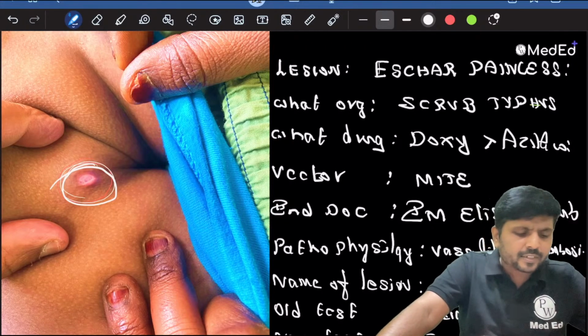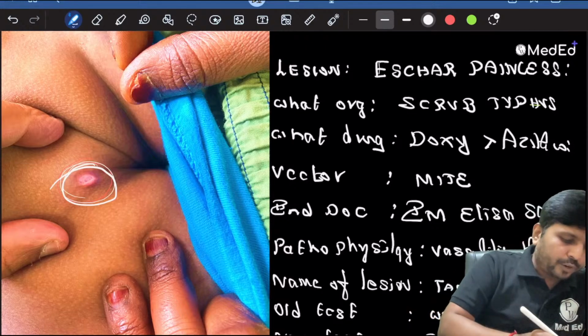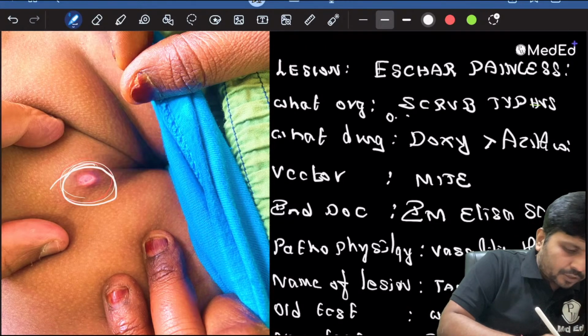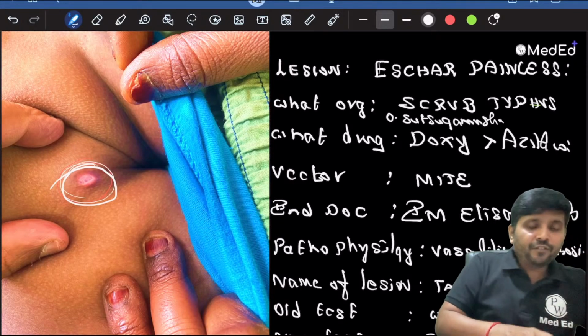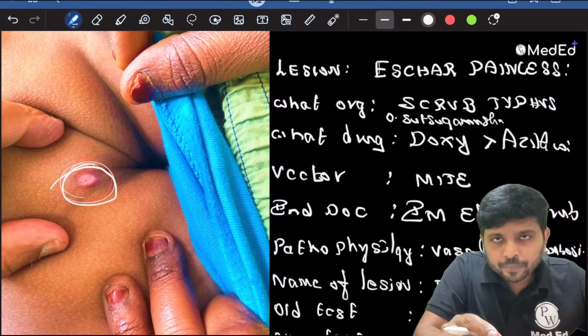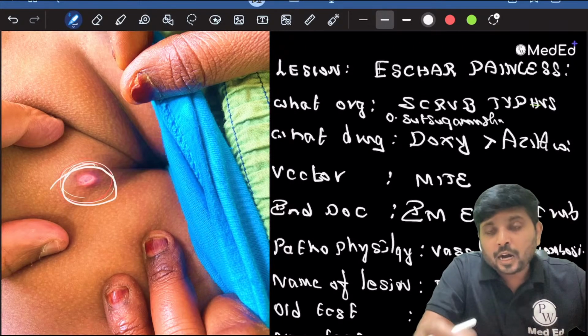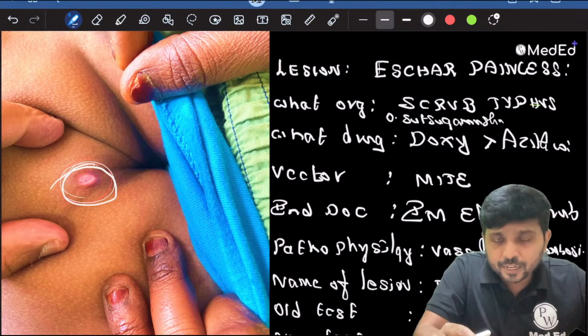Scrub typhus, it is caused by what organism? Orientia tsutsugamushi. Remember, very important, the most common skin infection associated with fever, hepatosplenomegaly and pancytopenia with elevated CRP.